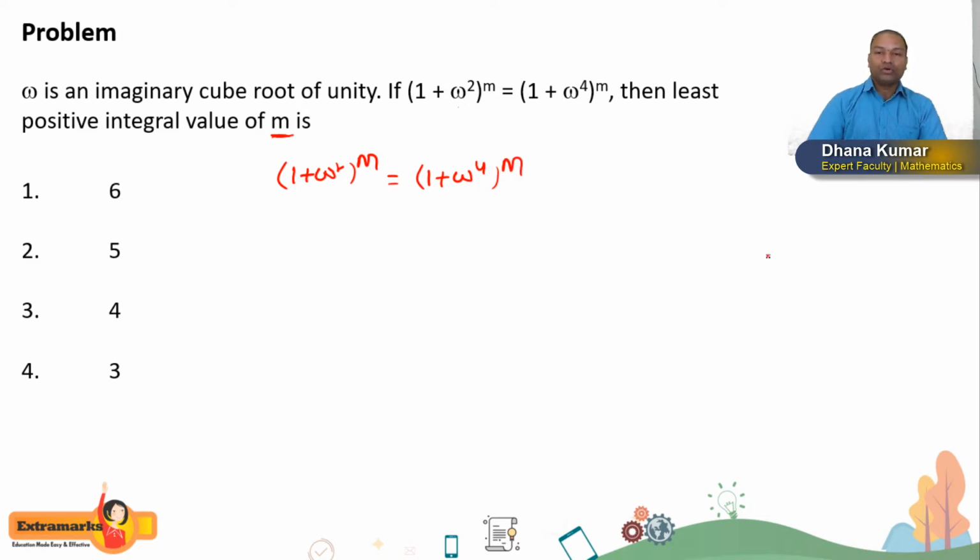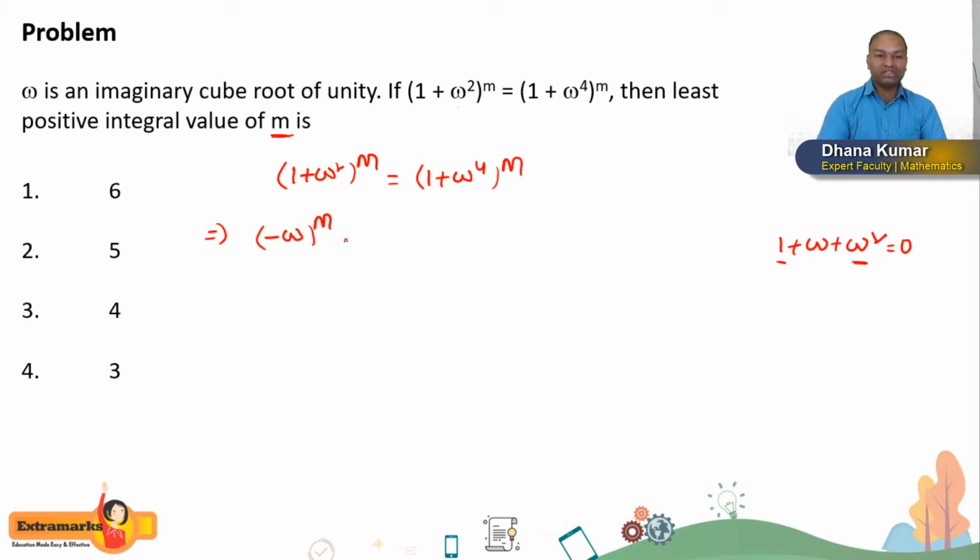Now, what formula did we write? 1 plus omega plus omega square, answer is 0. Using this equation, the 1 plus omega square value will be what? Shift that side: minus omega. So this implies (minus omega) whole power m.